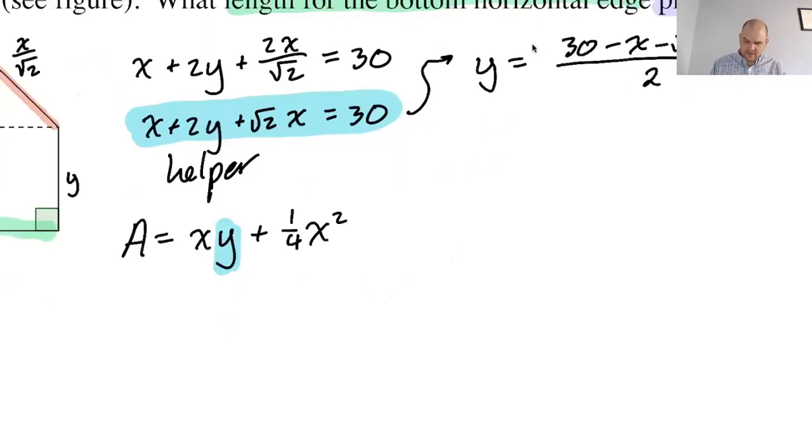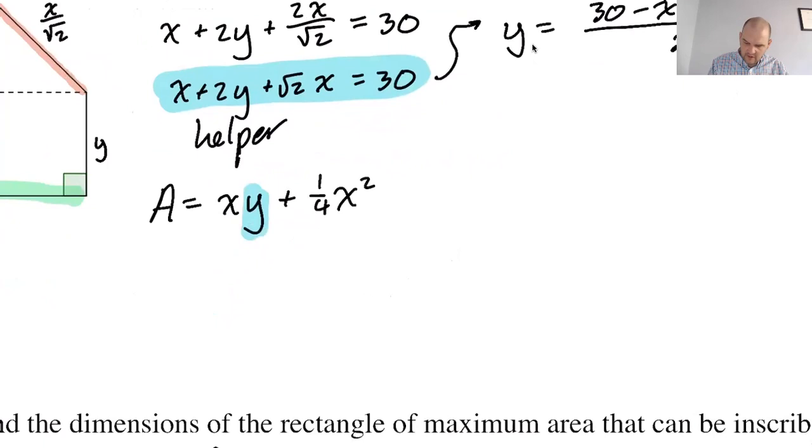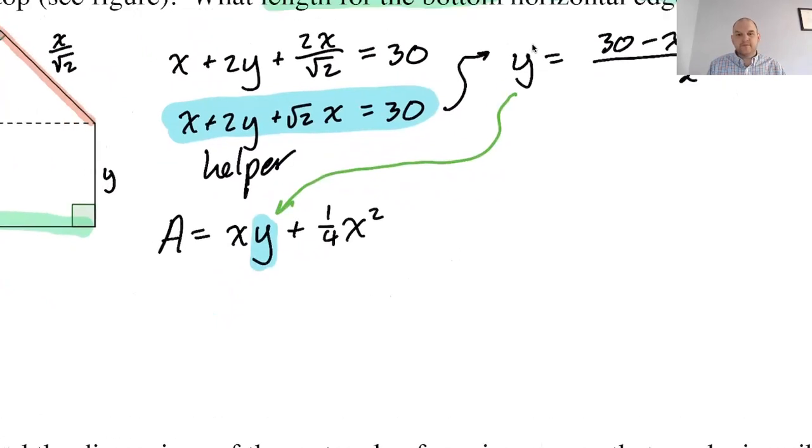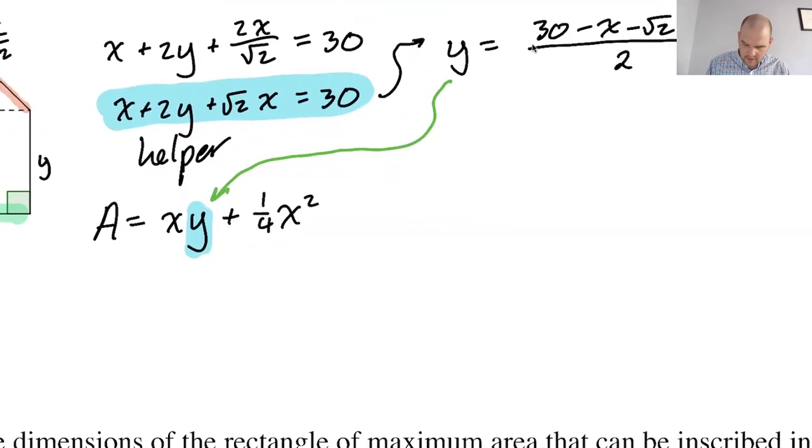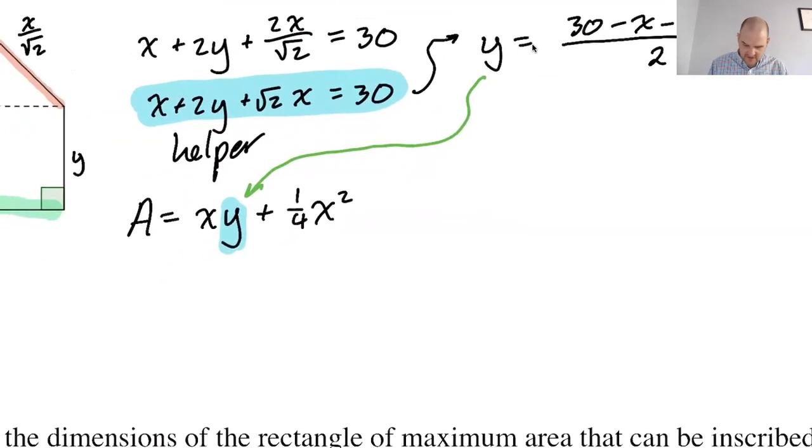We can replace our y value with that, and we'll be in okay shape. It's not the greatest shape because this is looking pretty ugly, but we'll have the area as a function of just x, and that's what matters.